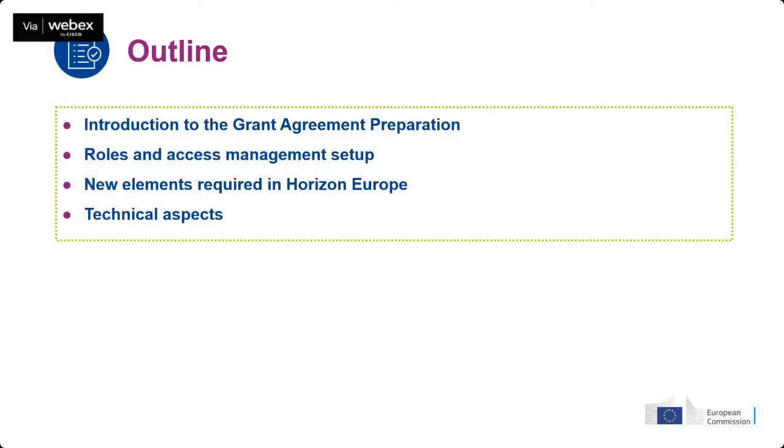We will speak in brief about some changes that you have to make in the system in order to avoid technical or other implications when preparing for the grant agreement signature. And I will give a small overview of the technical aspects, but for that it would be ideal that you stay with us, because my colleague Isabel will give a detailed explanation with the screens and all the other steps a little later.